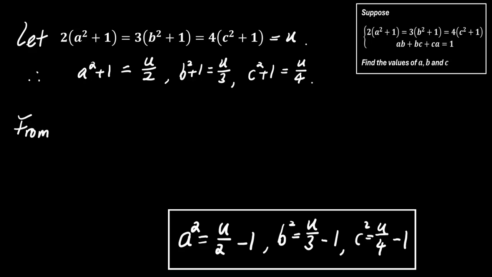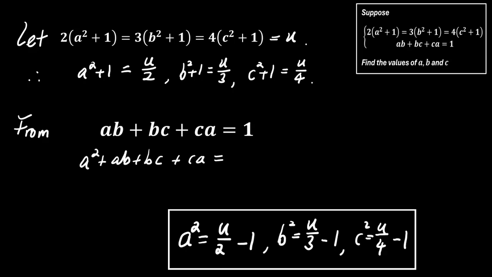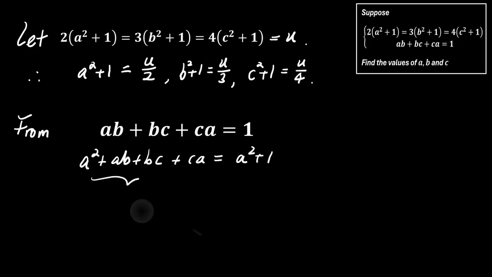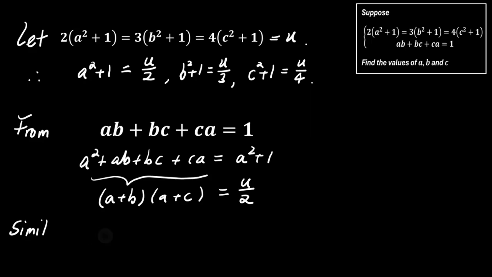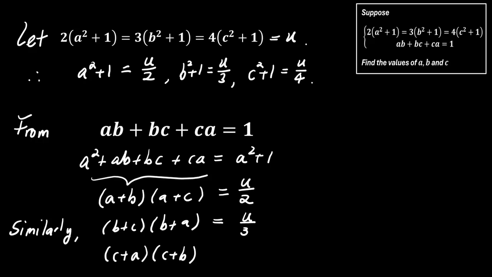From the second equation, ab plus bc plus ca equals 1, we use identity expansion. (a plus b) times (a plus c) equals u over 2. (b plus c) times (b plus a) equals u over 3. And (c plus a) times (c plus b) equals u over 4.